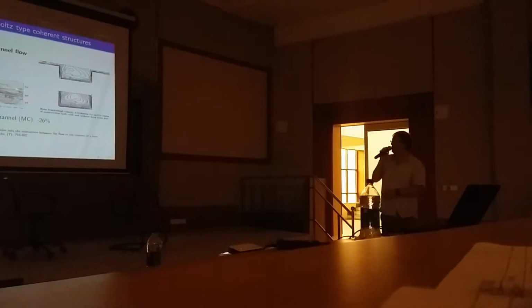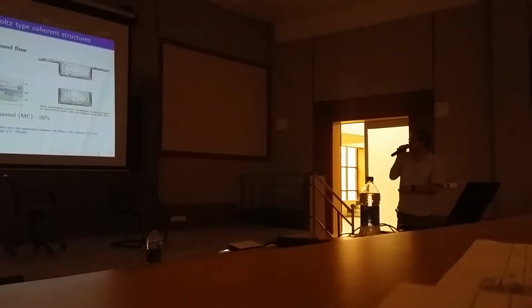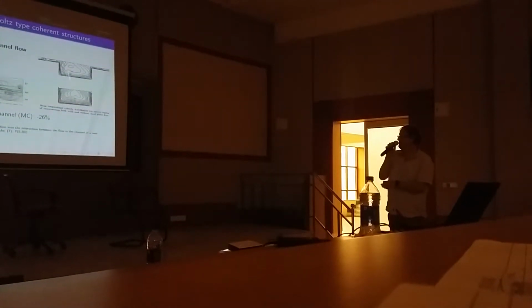And he has done a very interesting experiment. This is a compound cross-section. It's very small, but here there are isocontours of the streamwise velocities. You have the same flow depth here with the compound cross-section and here with the single cross-section.